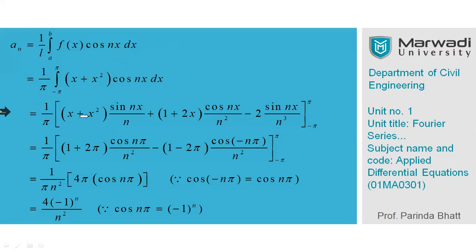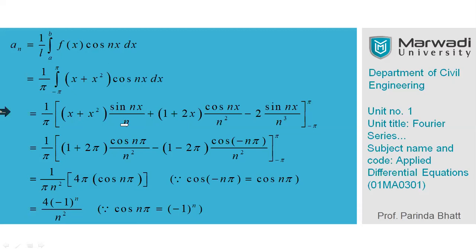Now u as it is, integration of cos nx, that is sin nx divided by n, plus differentiation of x, which is 1, x square differentiation is 2x, then sin nx by n integration, right?